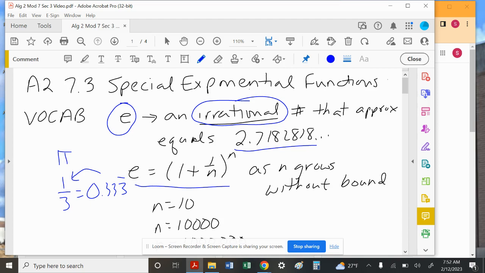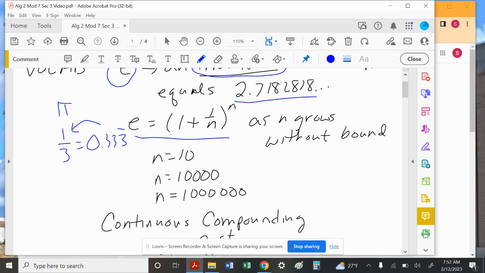What that means is that n grows forever. So n gets closer and closer to infinity, and as that happens, we have the value of e. You can look at it by plugging in 10 or 10,000 or 1 million, and you'll see how it gets closer and closer to this particular number.